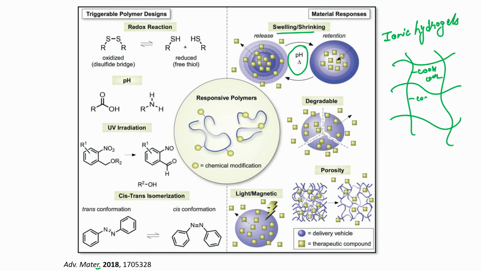So what will happen if there are a lot of carboxyls in this vicinity, that at low pH all of them are carboxyl and are protonated.